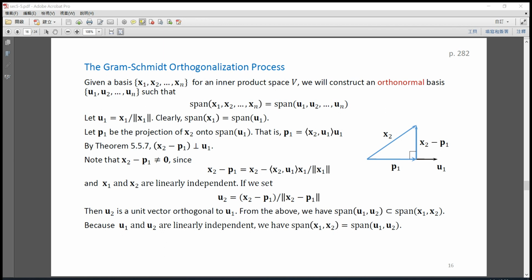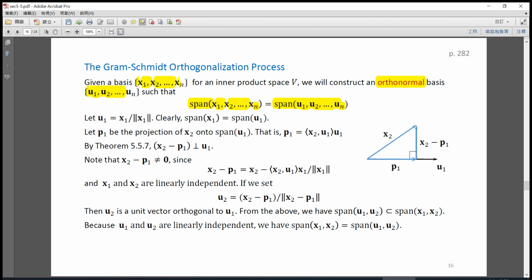In this slide, we introduce the Gram-Schmidt orthogonalization process. Given a basis x1, x2 up to xn for an inner product space, our goal is to construct an orthonormal basis u1, u2 up to un such that the span of x1, x2 up to xn equals the span of u1, u2 up to un.